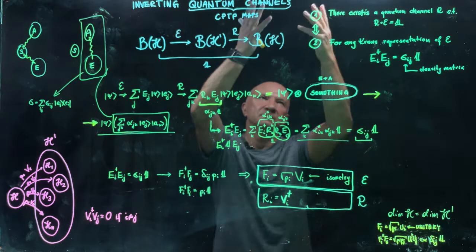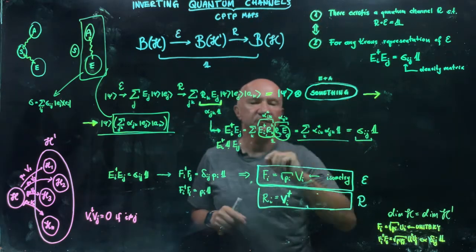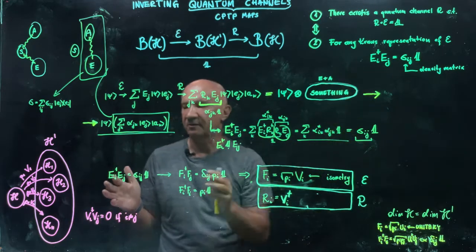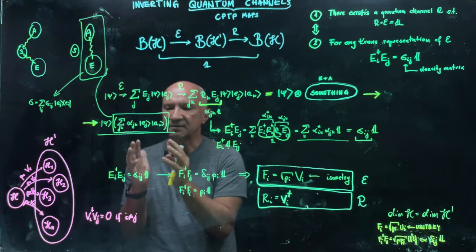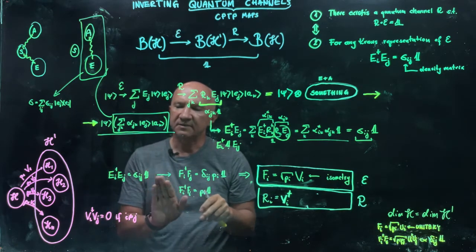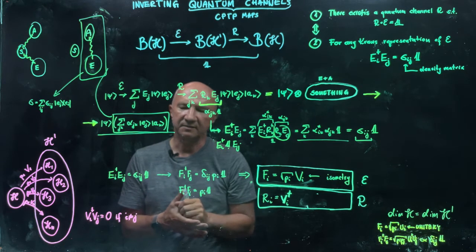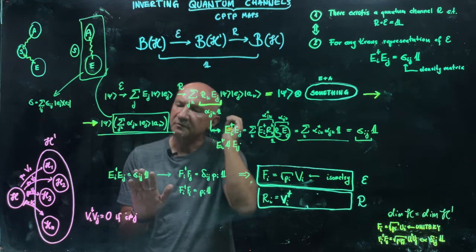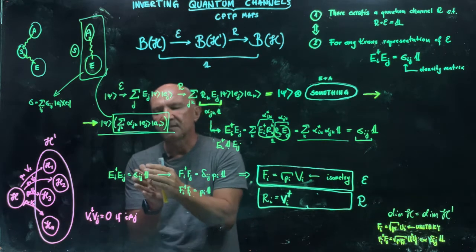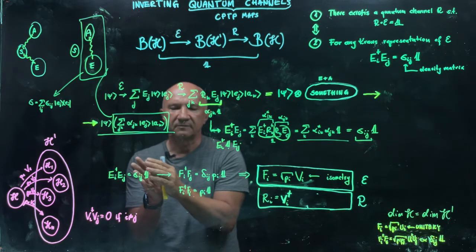So let's go the other way around, 2 implies 1. We assume that we do have this condition, so that Ei dagger Ej is equal to sigma ij, elements of a density matrix, times the identity. Now what we are going to do is go to the basis in which this density matrix is diagonal.